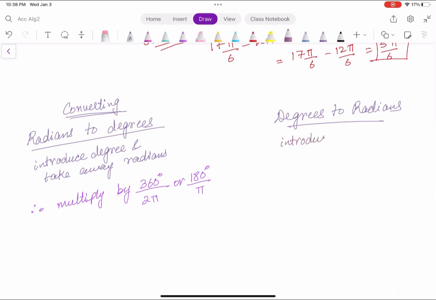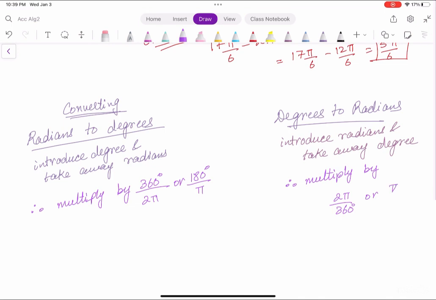On the same note, if we have to convert degrees to radians, introduce radians and take away degrees. How? Multiply by 2 pi, divide by 360. And that is nothing but multiplying by pi and dividing by 180 degrees.